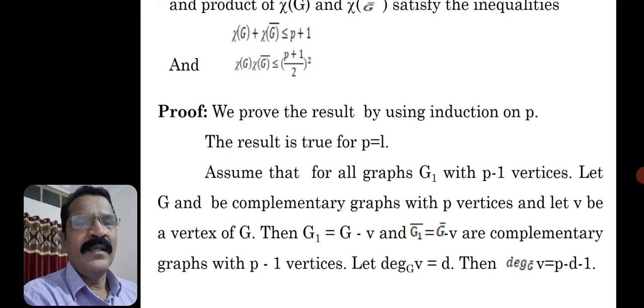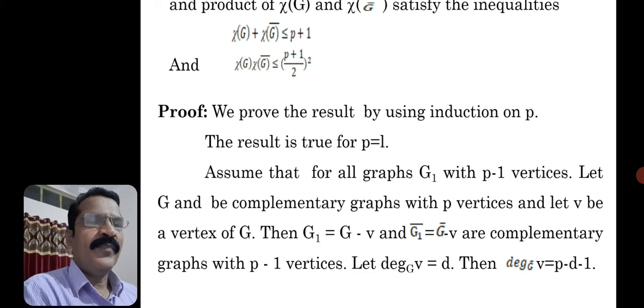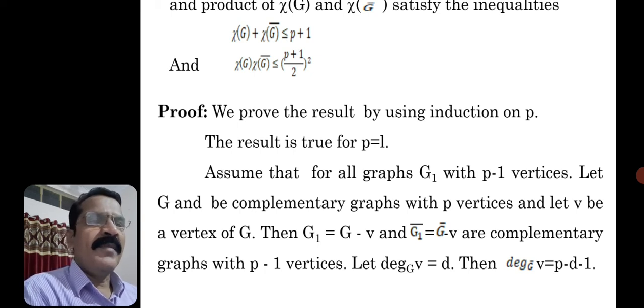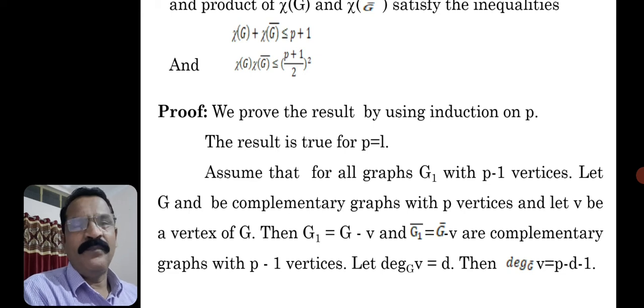It is equal to the graph G1. So G1 is equal to G minus V. Therefore, if I find the complement of G1, that is G1 bar, what would it be? It would be just the complement of G minus V. So these two are complementary graphs with P minus 1 vertices.